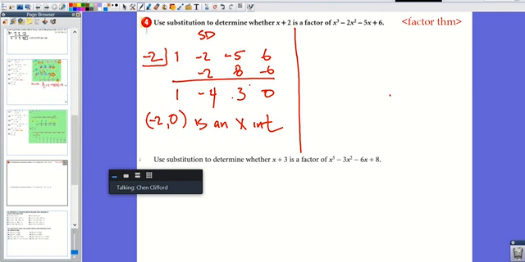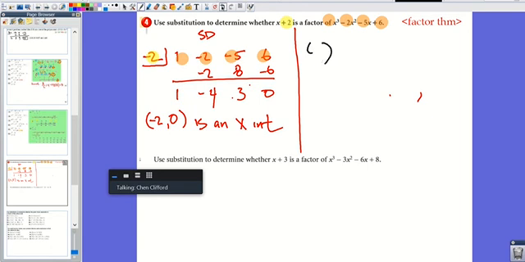Let's use the factor theorem. Again, I hope we all understand that that came from this, and the -2 came from the opposite sign of that. Now watch this: anywhere I see an x, I'm going to put a blank parentheses.